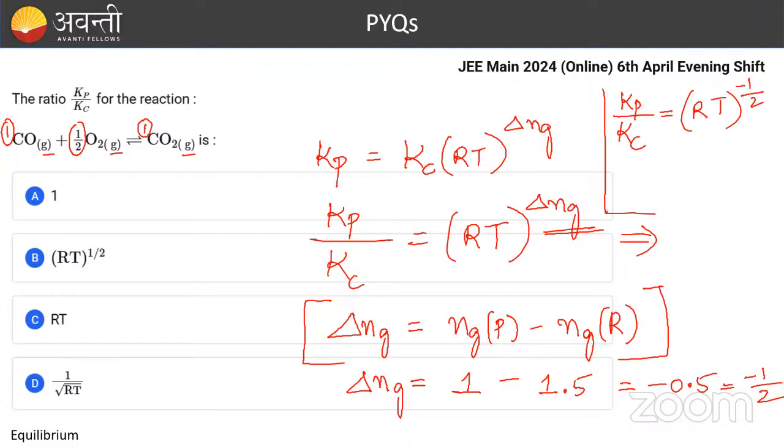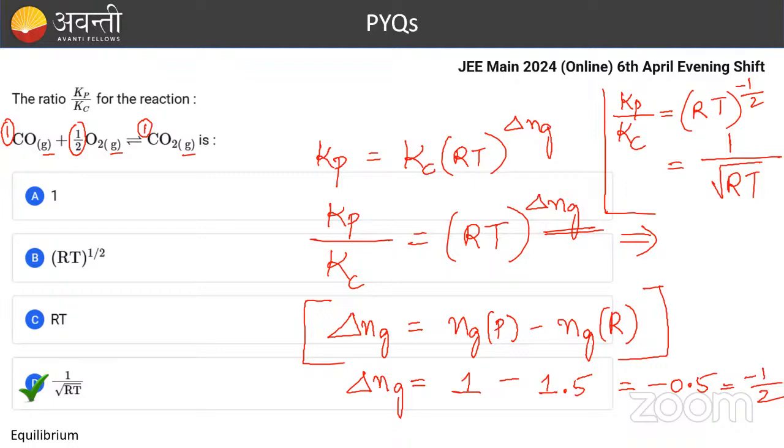RT power minus 1 by 2 can be written as 1 by root of RT, because the power 1 by 2 is the root, and minus means it has to go to the denominator. So Kp by Kc is equal to 1 by root RT. So option D is the correct answer.